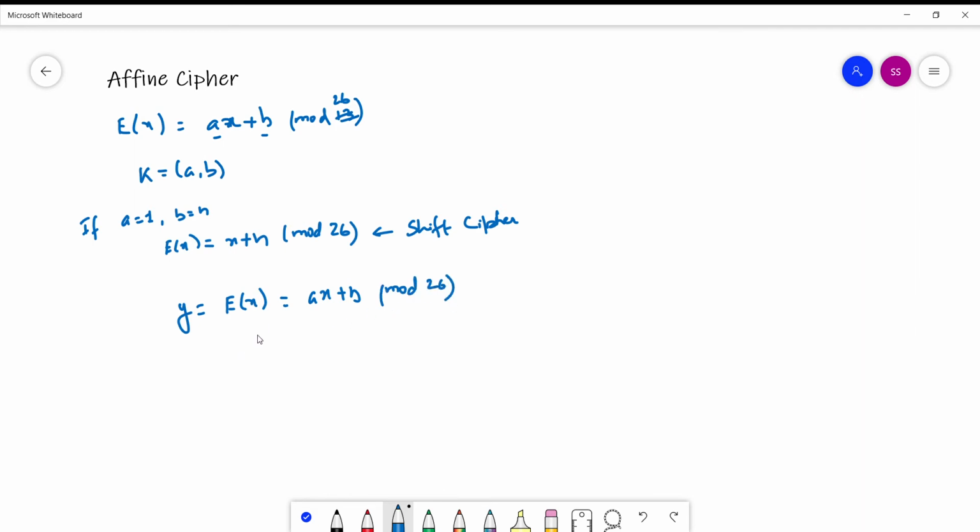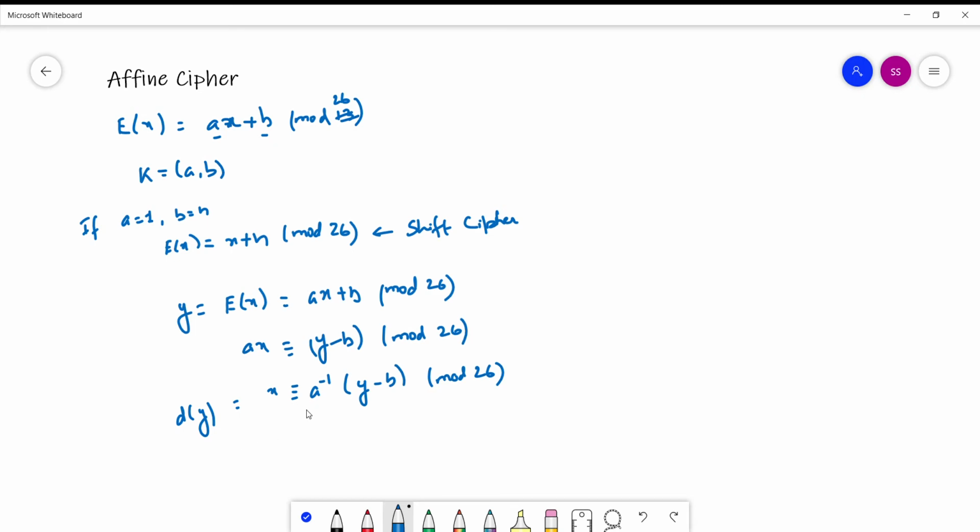So I can write this equation as ax is equal to y minus b mod 26, right? Or x is equal to a inverse, this is the multiplicative inverse, of y minus b mod 26. So this is my decryption of y, decryption of the ciphertext, right?